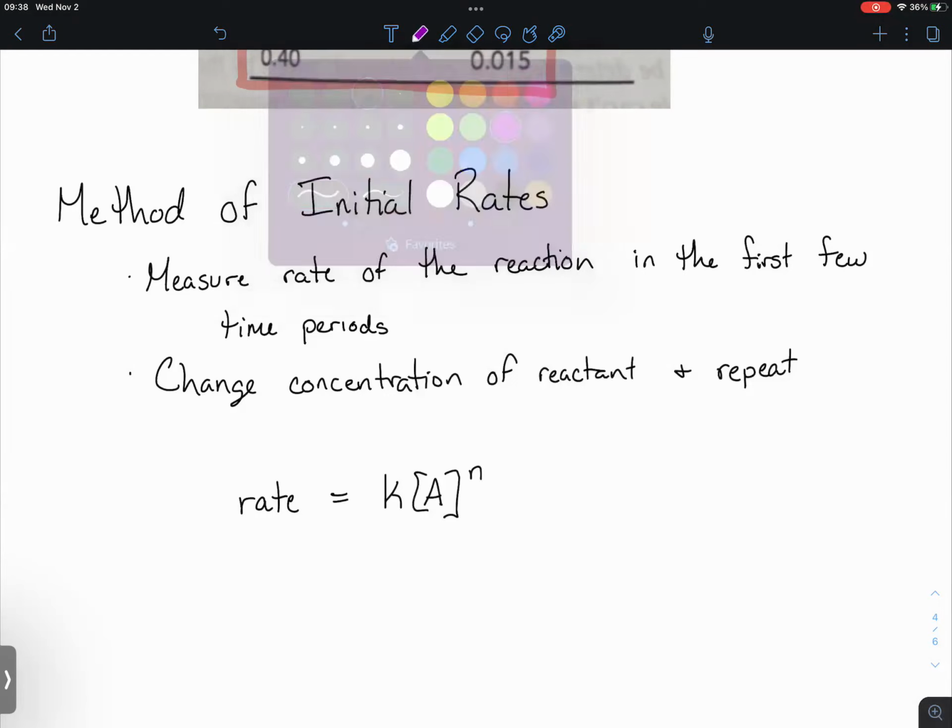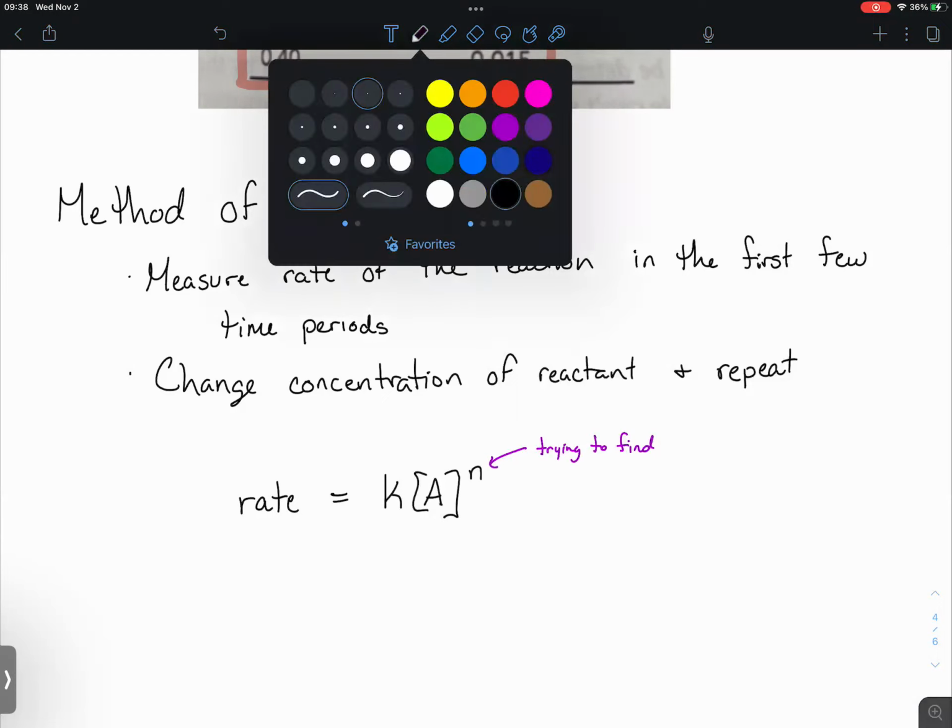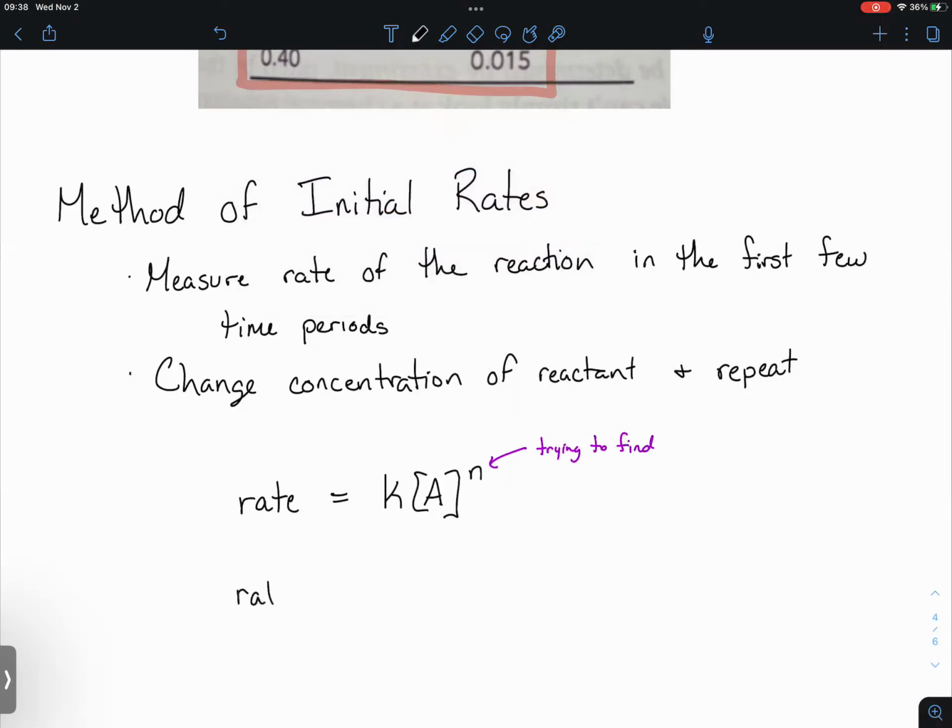This is what we're trying to find in this analysis. So we're going to take the rate of one point and divide it by the rate of another point. Okay, take the ratio of those two.